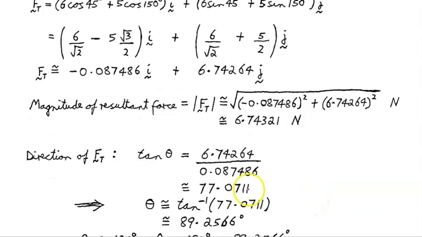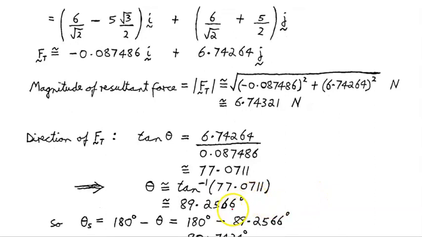Inverse tan of that, theta, is 89.2566 degrees. Notice I haven't put the minus here because there's a minus here and no minus there. Tan is negative in the second quadrant.